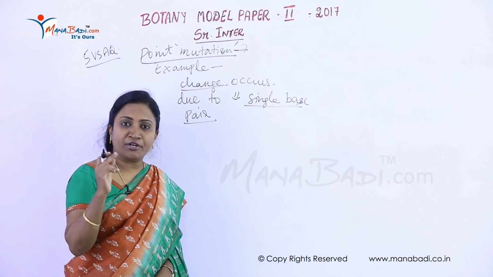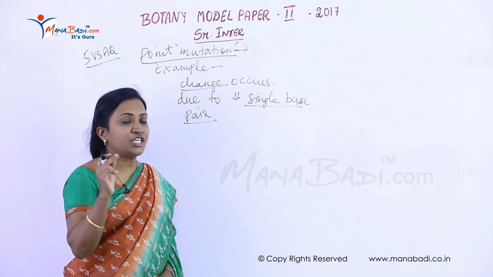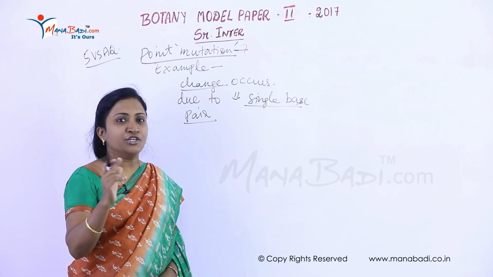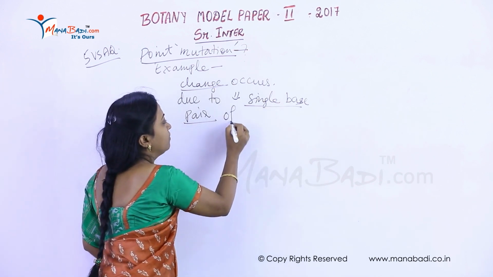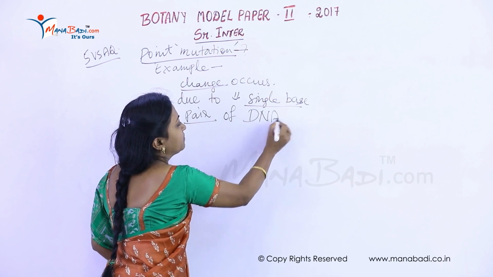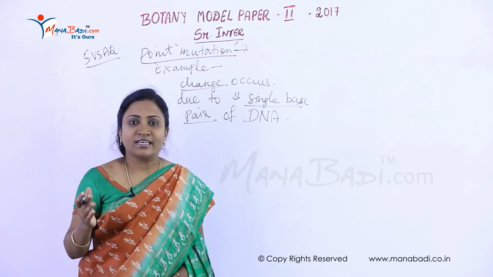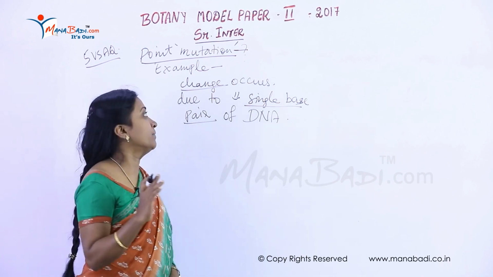So point mutation can be defined as a change that occurs mainly due to the alteration in a single base pair. Where is the base pair present? In none other than the DNA, which is the genetic material.